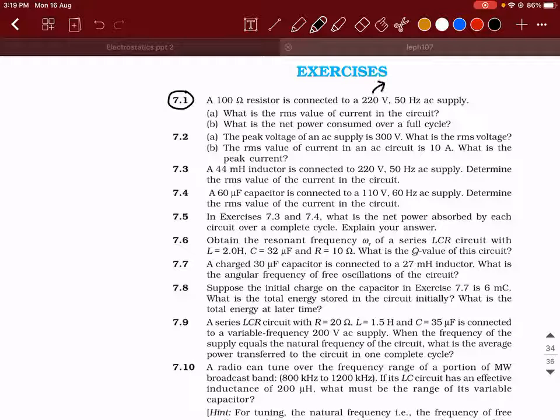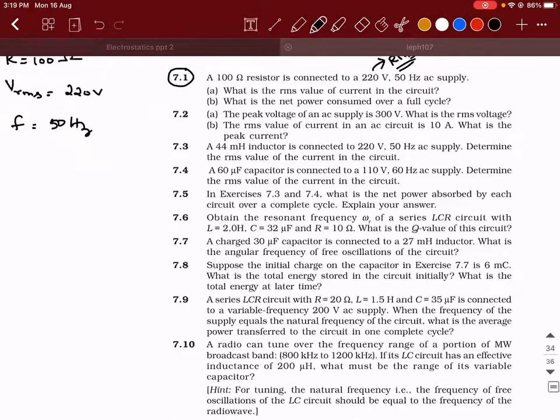What does this 220 volt mean? It is the RMS value, right? So R is equal to 100 ohm and V RMS is equal to 220 volt. Frequency is equal to 50 hertz. What is the RMS value of current in the circuit? What is IRMS?